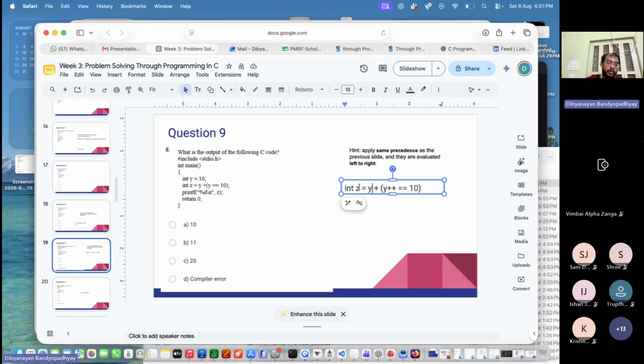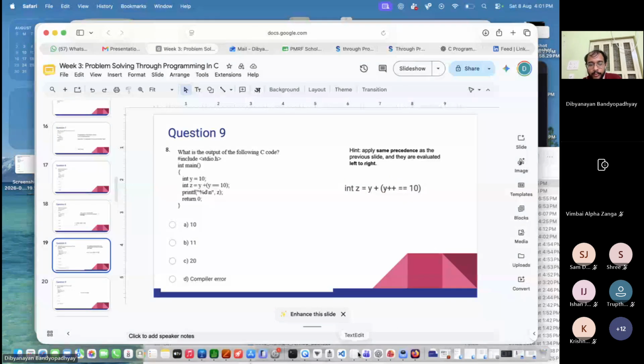The other is that y plus plus evaluates to 1 because y is 10 in the first place, and after that y is incremented to 11, then 11 plus 1 will be 12. So there are two possibilities, 11 and 12. But most compilers will print 11 because they are not caching the newer value of y. But you cannot guarantee what the compiler will print.